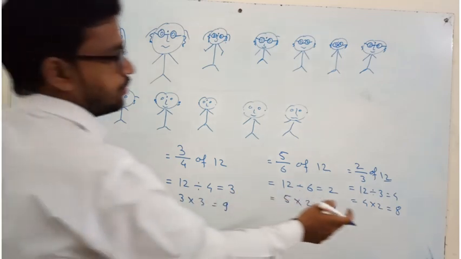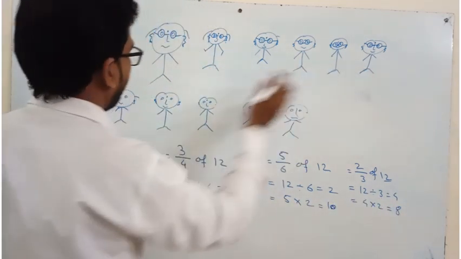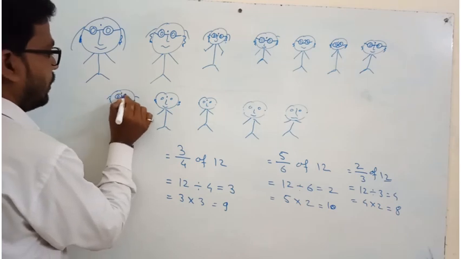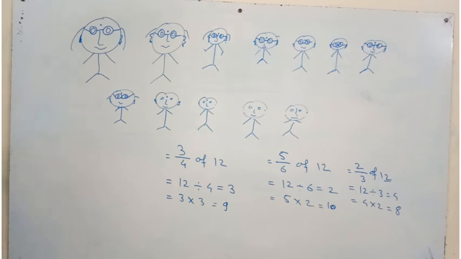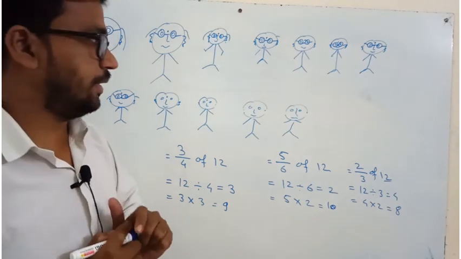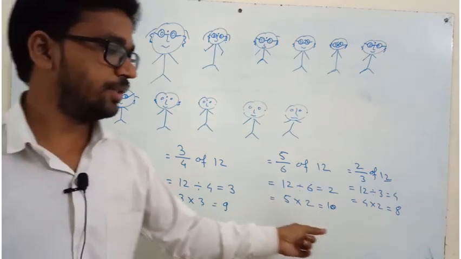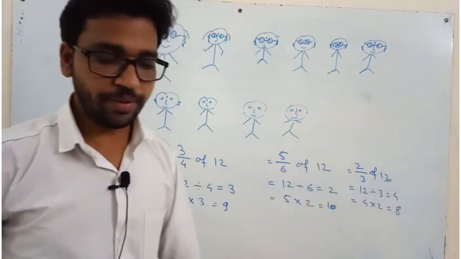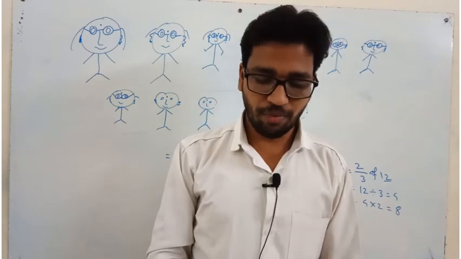How many friends do we have to draw? 8. So 3, 3, 6, 7 and the last one, 8. Okay. So this question is ended here. So you have to solve this also, and this also. Okay. So it is exercise 7C question number 1.